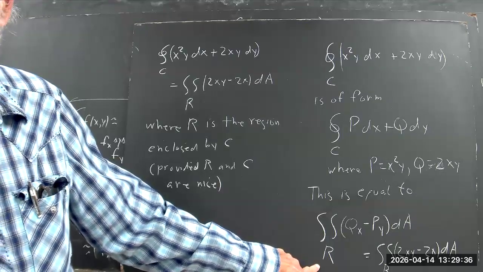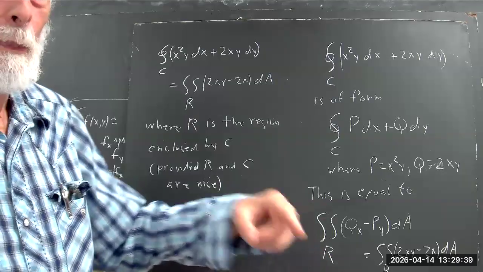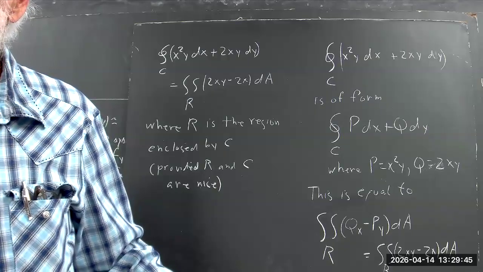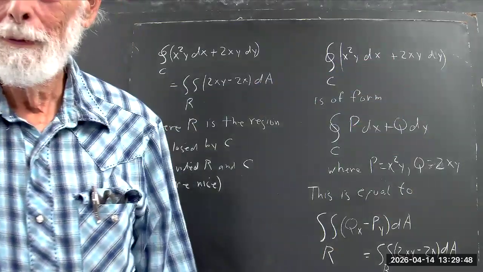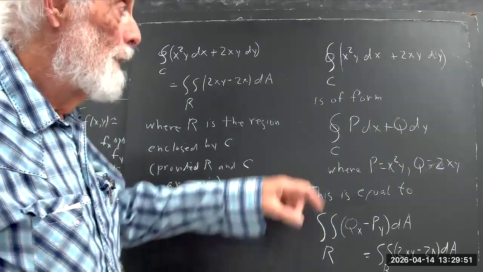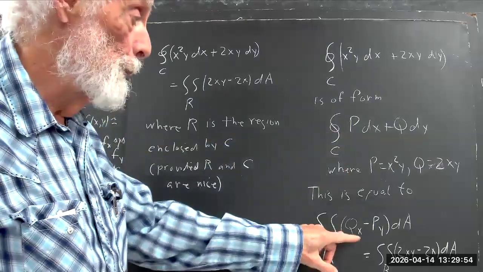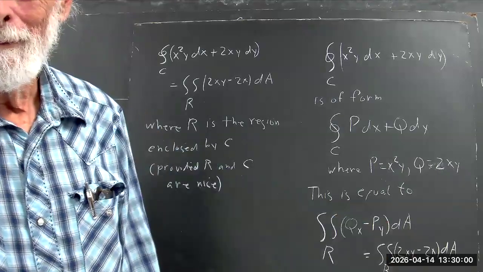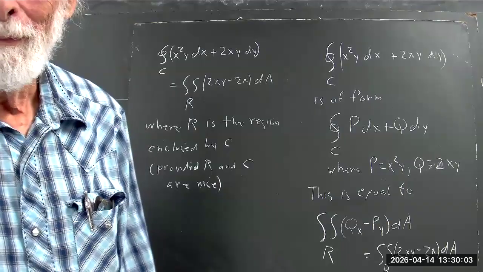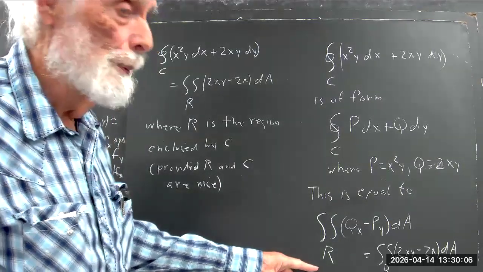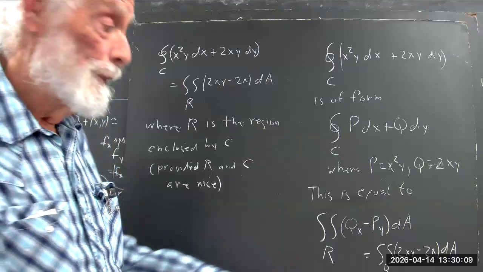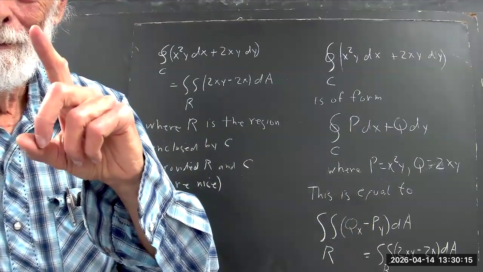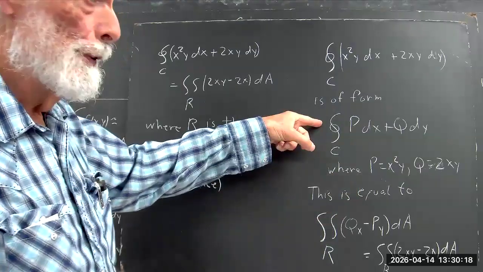Now, if this region is bounded by some weird curve that makes it hard to set up the inequalities, but where you can parameterize the curve, then what does this integral give you? Well, it gives you the integral of 1 with respect to area, which is just the area. So if you want the area of some region, you can make up any functions Q and P whose difference is 1, and apply this.